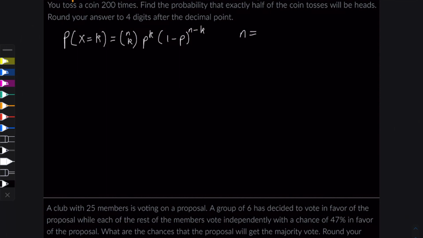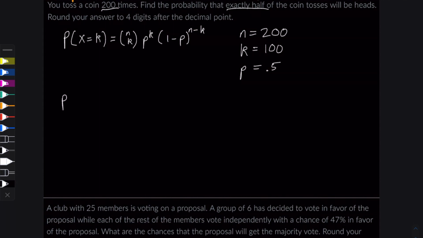So first we'll do our n, and this would be, you toss a coin 200 times, so our n is 200. Our k, we're looking for exactly half of the coin tosses will be heads, so that would be 100 heads. And then our probability of success is 0.5 because it doesn't say anything about it being a biased coin, so we just have to assume it's a fair coin, and you have the same chance of getting heads as you do tails.